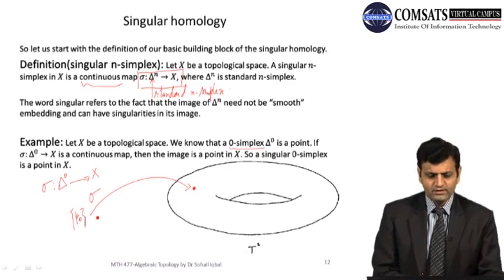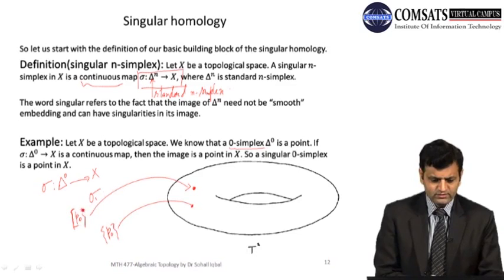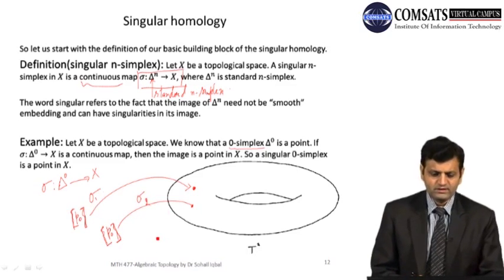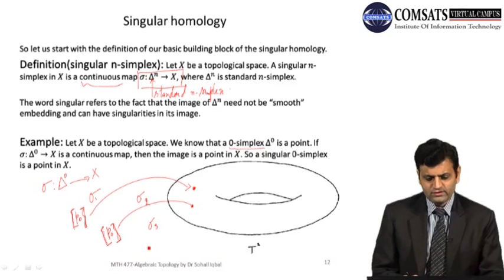Similarly, let's call it sigma 1. I can take another continuous function taking this zero simplex, and let's use these square brackets just to make sure that this is a zero simplex. Let's consider another continuous function sigma 2 from P0 to another point, and we can also take another continuous function from the same P0 to some other point of the torus.